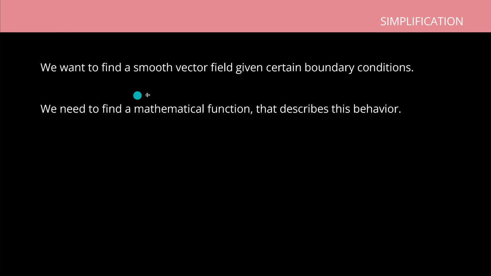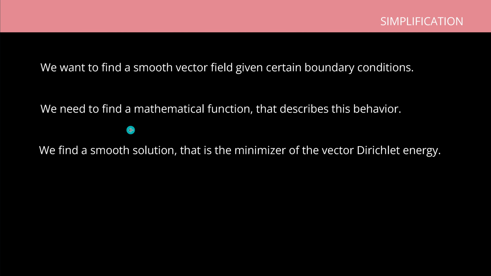So we need to find a mathematical function that exactly describes this behavior, and we have Dirichlet. So we want to find a smooth solution in our complex n-dimensional knowledge manifold. And it turns out this smooth solution is a minimizer of the vector Dirichlet energy.